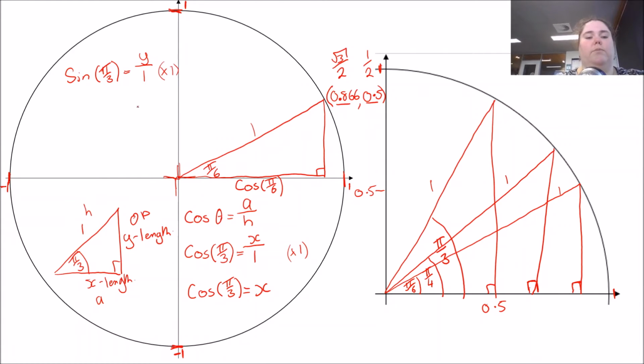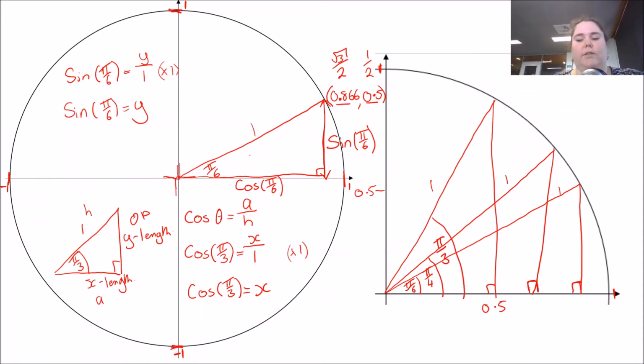Once again, if I times both sides by 1, I get down to just sine of pi on 3 equals y. So if I know the height of my triangle, that is the sine value. These should have been pi on 6's over here.